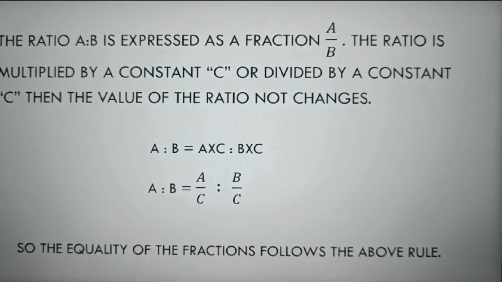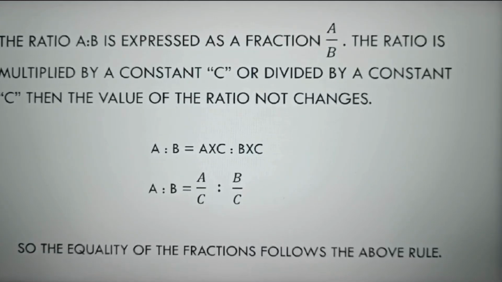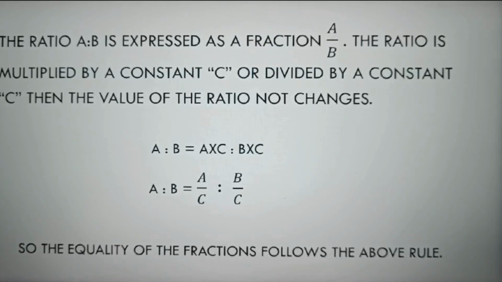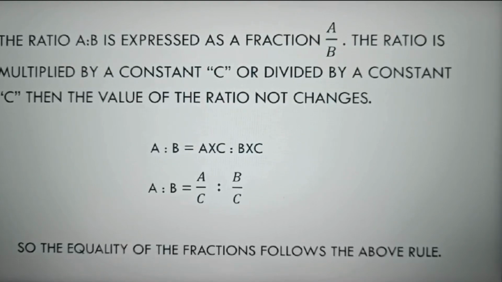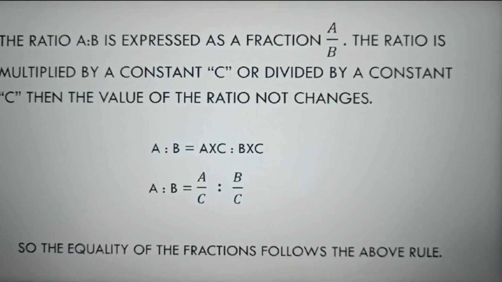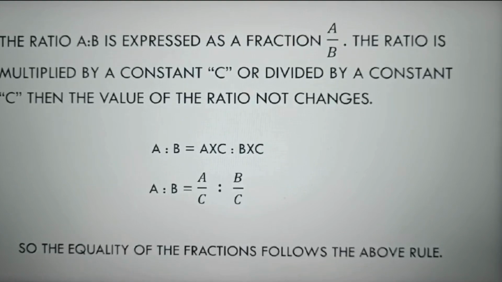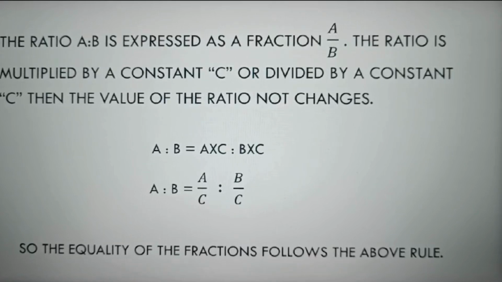Here A is to B, the ratio can be expressed as A by B, and we know that the ratio does not change if it is multiplied by a constant C or divided by a constant C. That is, A is to B equals A into C is to B into C, and A is to B equals A by C is to B by C. So the same rule applies to fractions.